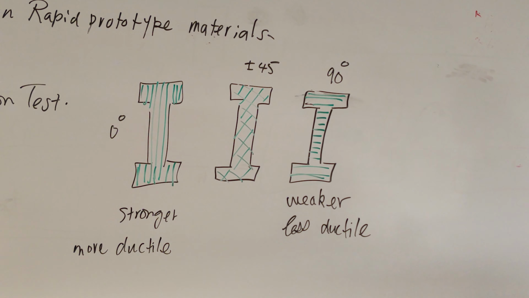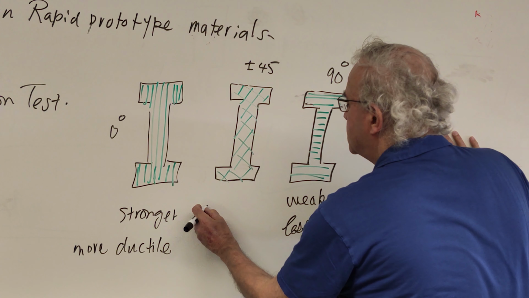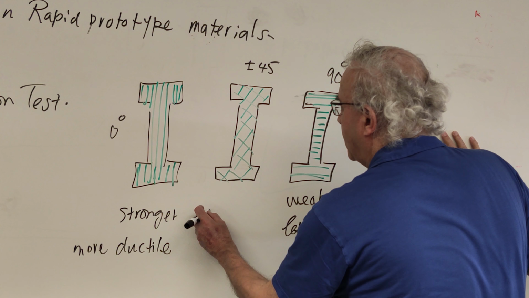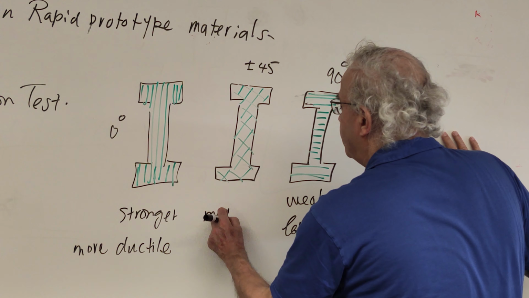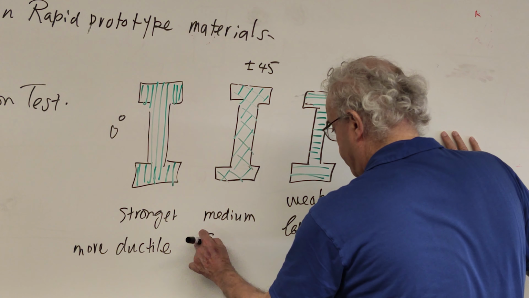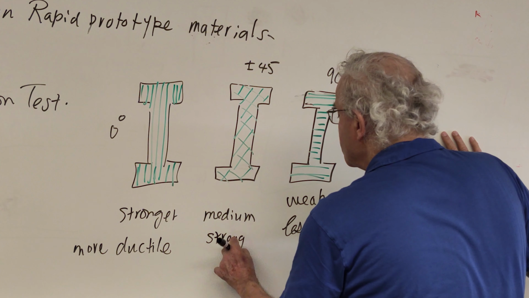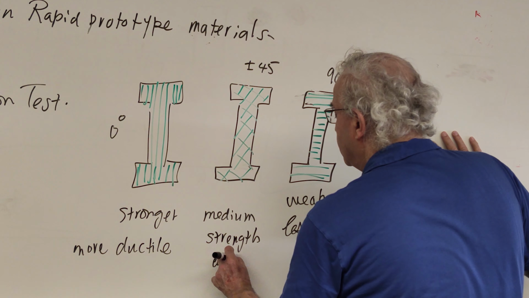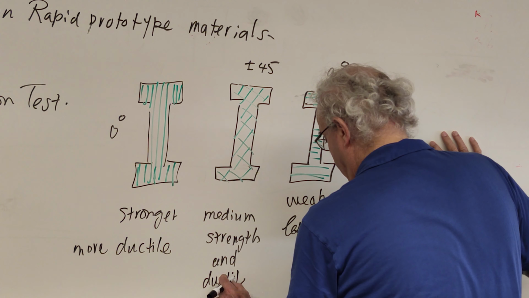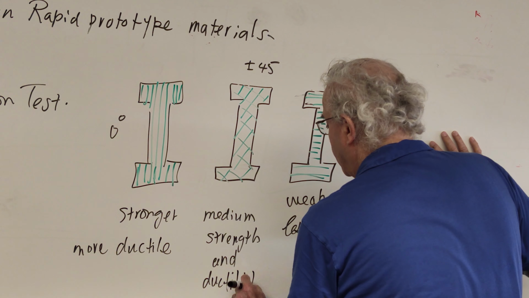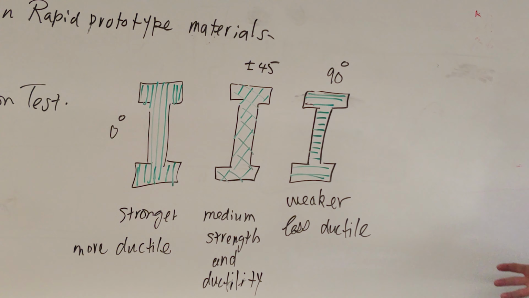And because we don't know where the stresses are coming from, we produce this type, which is medium strength and medium ductility. We're trying to solve the problem that we don't know how the combined stresses are coming.